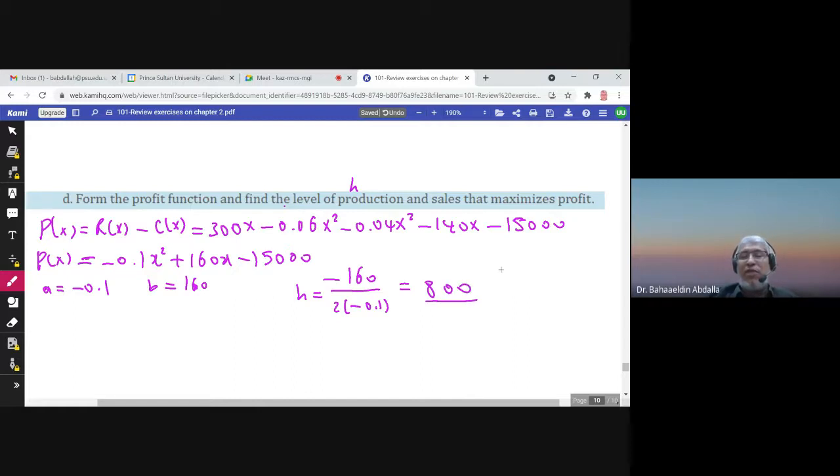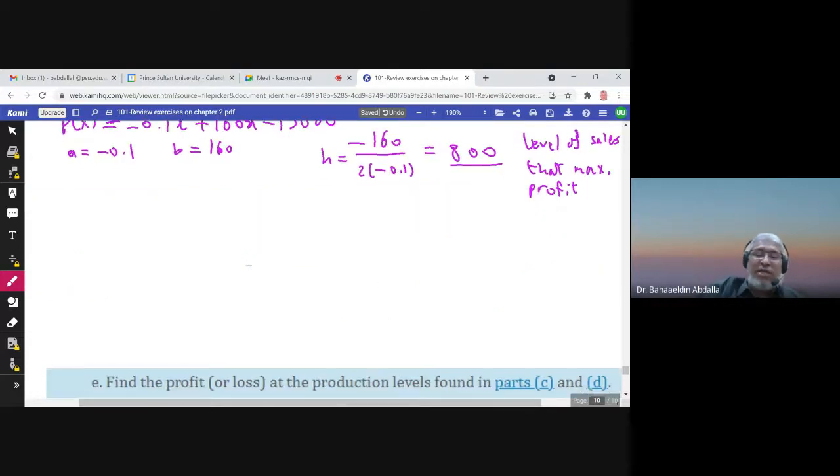So this is the level of sales or production that maximize profits. He did not ask about the maximum profit. If he asks, I will replace x in the profit function by 800.